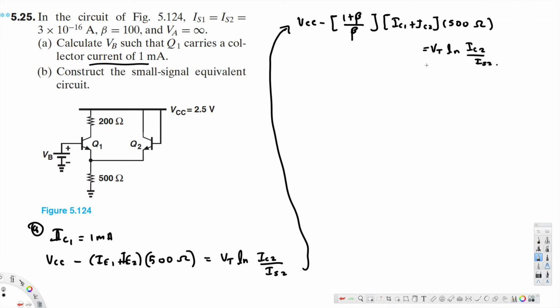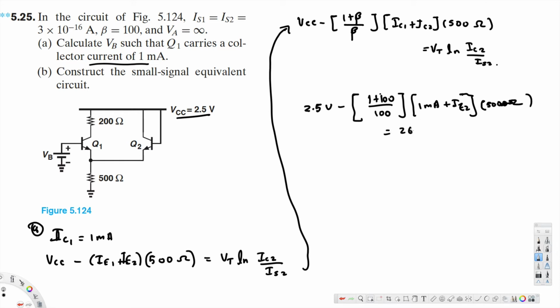Now here we are going to find IC2. We know IC1 already, so let's plug in all the values. VCC is 2.5 volts, minus (1 plus 100) divided by 100, since beta is given as 100, times (IC1, which is 1 milliampere, plus IC2) times 500 ohm, that's equal to VT, that is 26 millivolts, ln of IC2, which is what we are trying to find, divided by IS2.